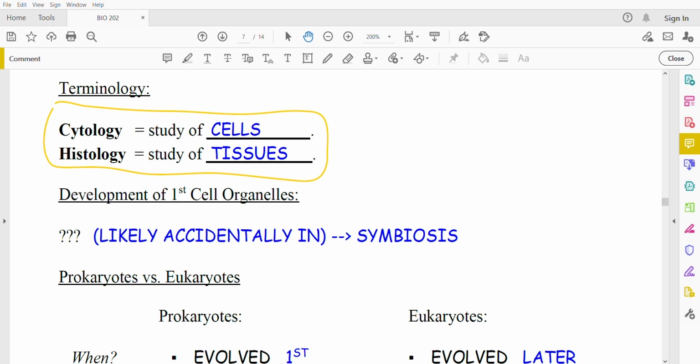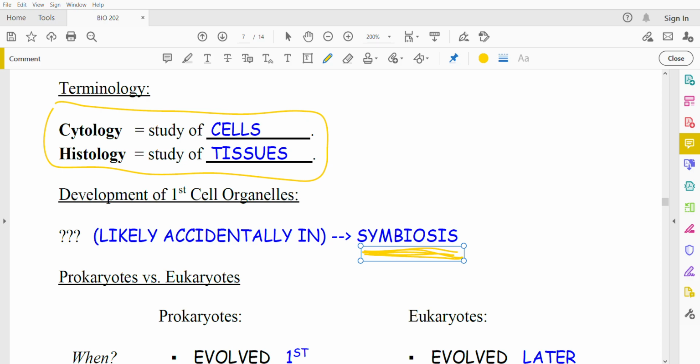And we have a generally well-agreed hypothesis of how the first cell organelles appeared, and we think that they accidentally ended up inside the cell, another organism that by accident ended up inside the cell and ended up forming a symbiosis with the cell.